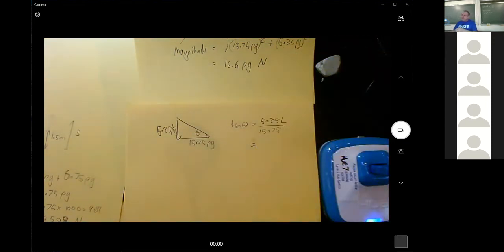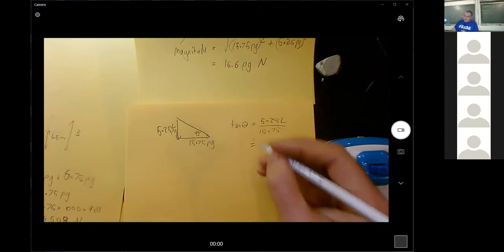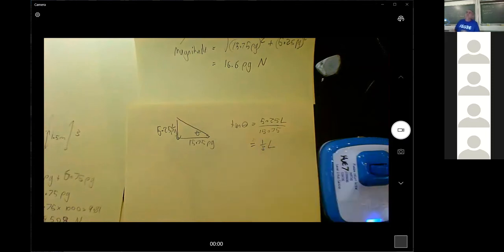No, just a second. Which is exactly 1/3 of L. So when I did this divided by this, I got 0.33333333, which is 1/3. So, yep.